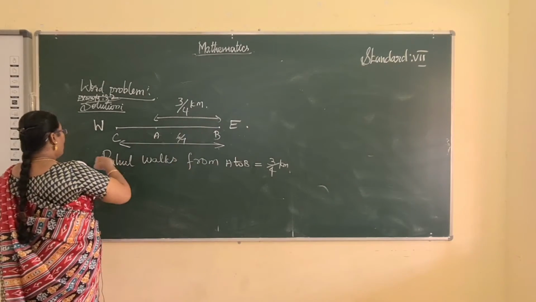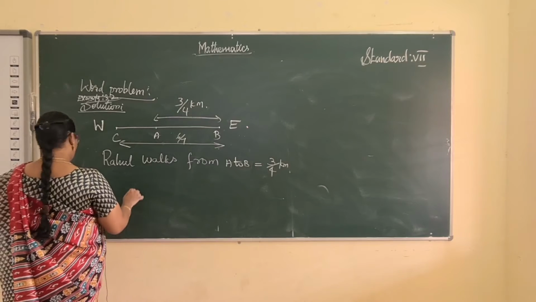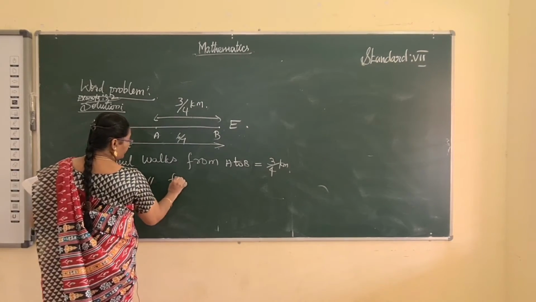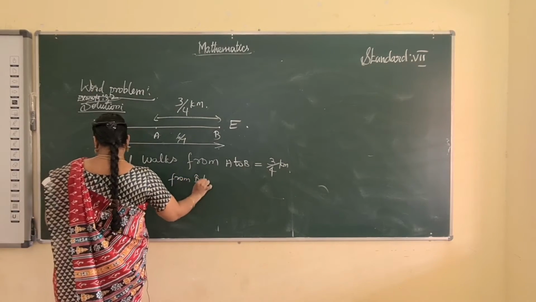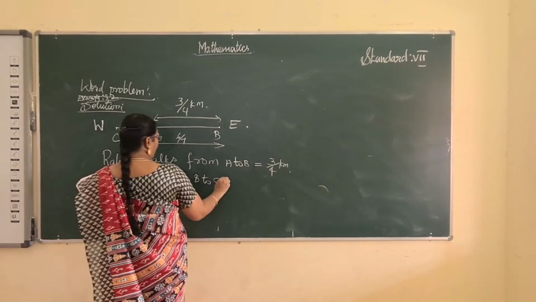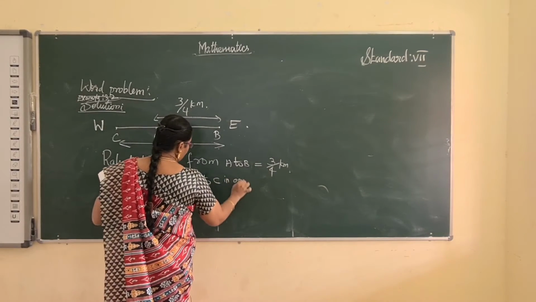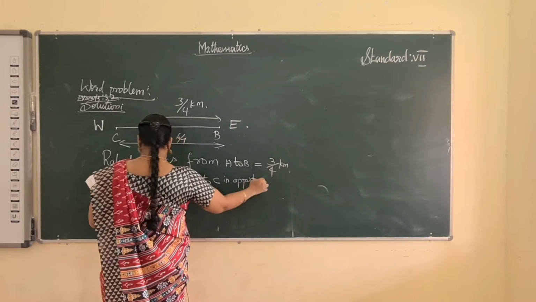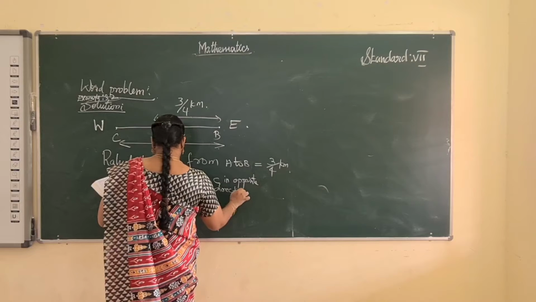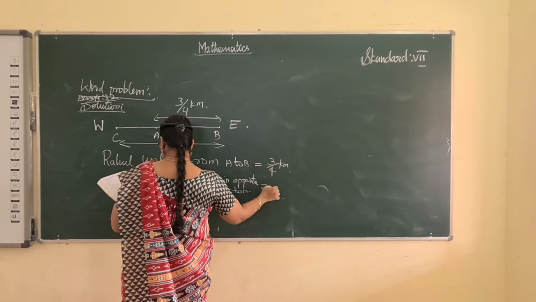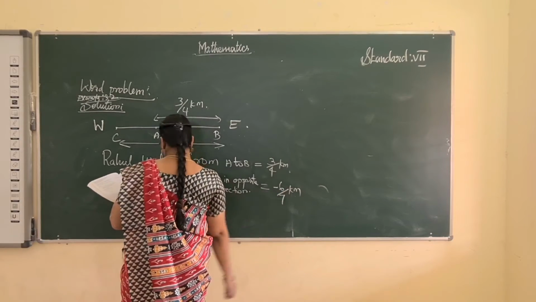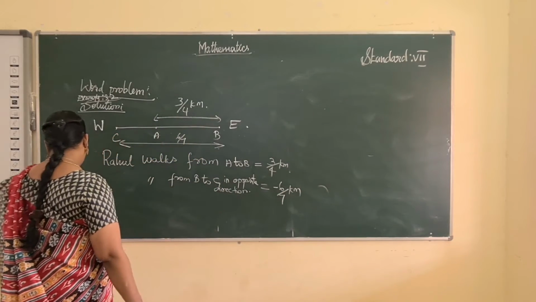Next, east to west. So Rahul walks from B to C in the opposite direction, so minus 6 by 7 kilometer.